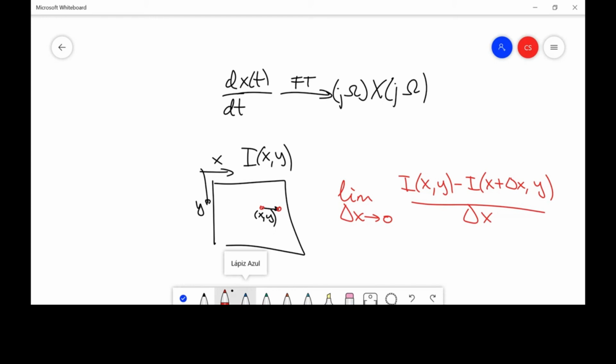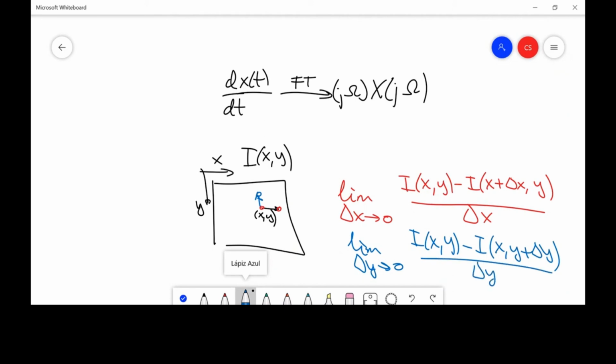Okay, and I could do the same vertically. So I can compute the derivative in this direction. That would be the limit when delta y goes to 0 of I of x, y minus I of x, y plus delta y, divided by delta y.